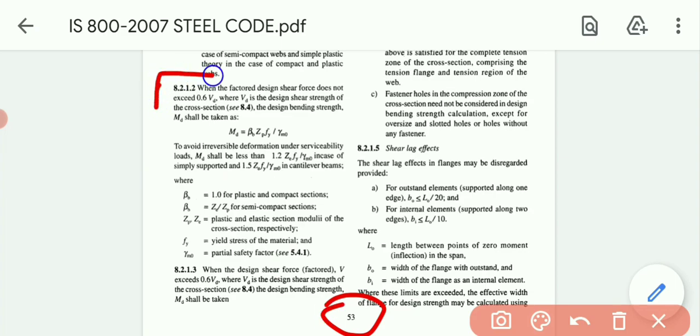Clause number 8.2.1.2, and the formula for the moment is Md equals beta b Zp fy by gamma m0.